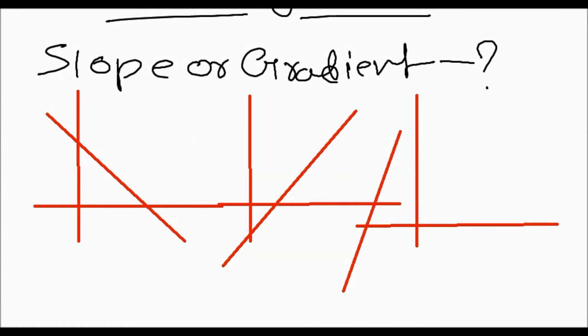The angle which is created between the x-axis and the line is itself the gradient or the slope. Many people take different names for it. So that is what the slope or gradient is. Theta.